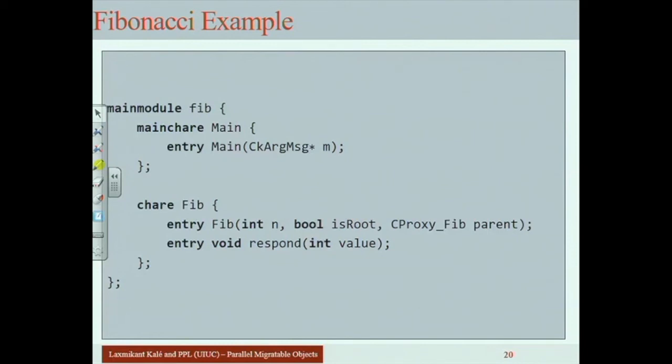Fibonacci numbers, you all know, Fibonacci of n is Fibonacci of n minus 1 plus Fibonacci of n minus 2 unless n is less than 2, in which case Fibonacci of n is n. Fibonacci of 0 is 0, Fibonacci of 1 is 1. And so this leads to a naturally doubly recursive program, which is very natural. If n is less than 2, return n, otherwise return fib of n minus 1 plus fib of n minus 2.